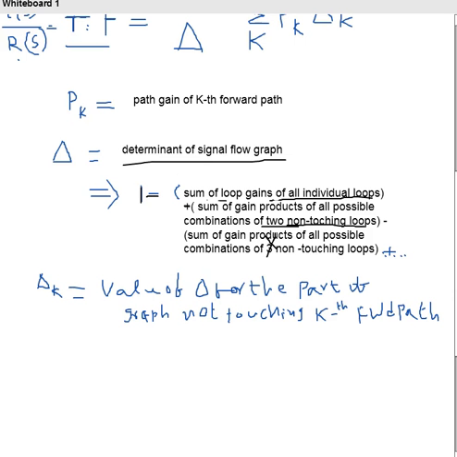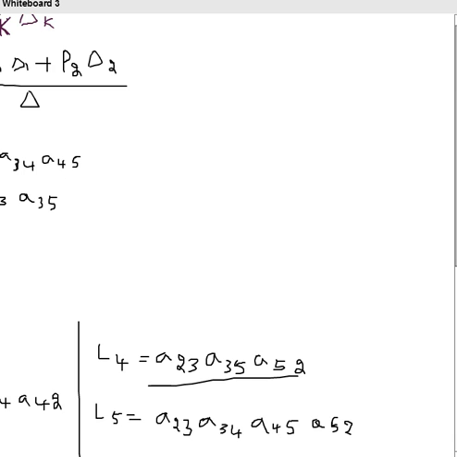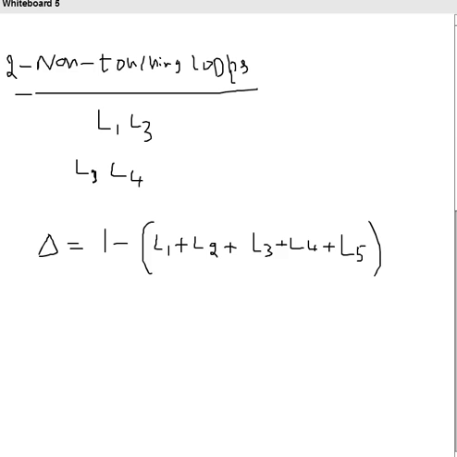Next, plus sum of gain products of all possible combinations of 2 non-touching loops. I already did the gain products, that is L1, L3 and L3, L4.